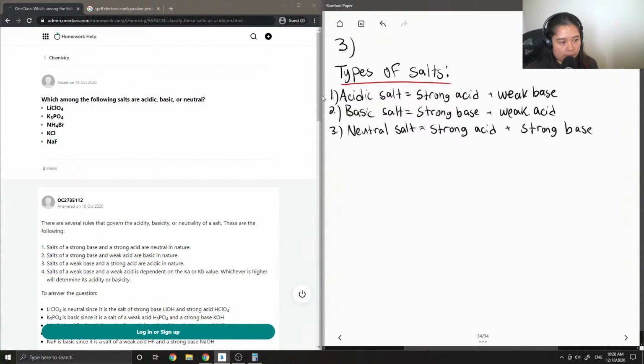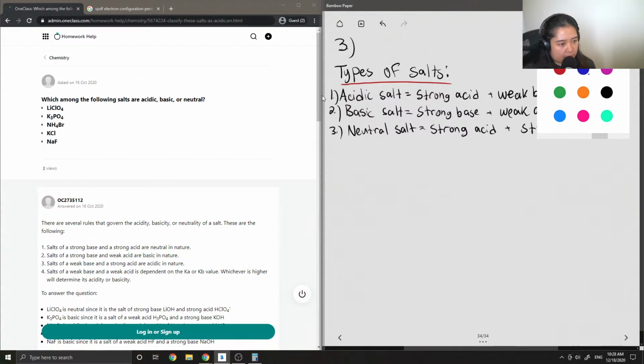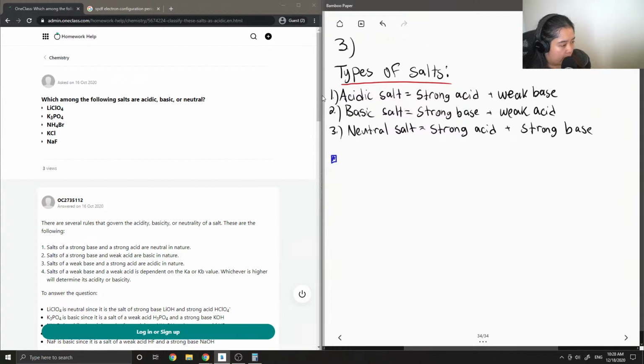Okay, so now that we know all these types of salts, let's look at the different options that they give us and try to figure out what type of salt it is. First we have lithium chlorous acid.